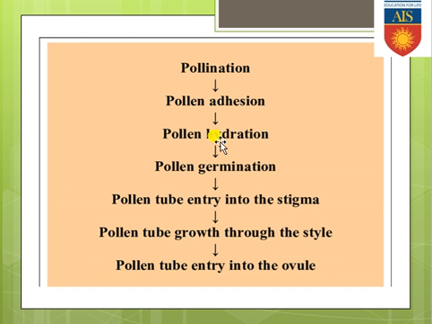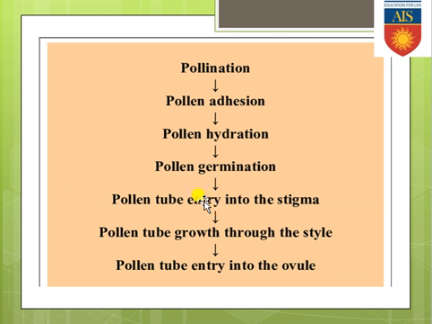Hydrated means that on the surface of the stigma, we all know, there is a sticky substance present, and that sticky substance is absorbed with the help of the pollen grain. When the pollen grain absorbs that sticky substance or sticky nutrition, it gets hydrated, because water enters through that sticky substance, and that is commonly known as pollen hydration.